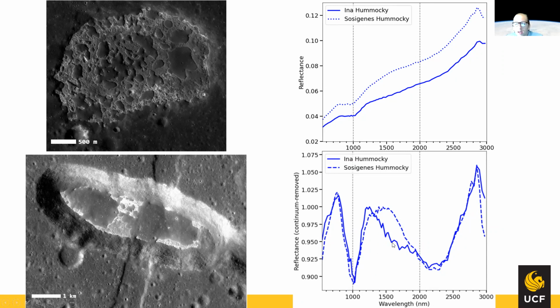Instrumental artifacts near 1500 nanometers in the M3 dataset could cause this strange disparity seen in the Ina hummocky terrain spectra, but ultimately it could be possible that the difference in hummocky and smooth spectral data is a result of the differences in their geologic context. Ina is located on the floor of a small shield volcano summit pit crater, while Sosogenes is located within a sinuous rill.